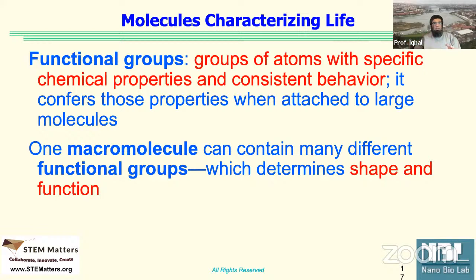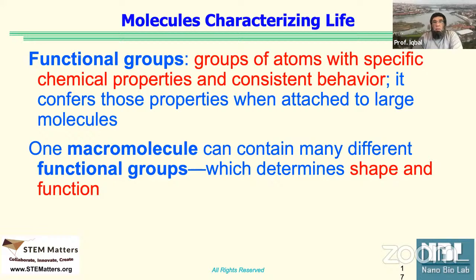But stay with me, functional groups are macromolecules which have some functions which come from their specific folding and their chemical properties, the chemical properties of their monomers, those individual groups that come together.